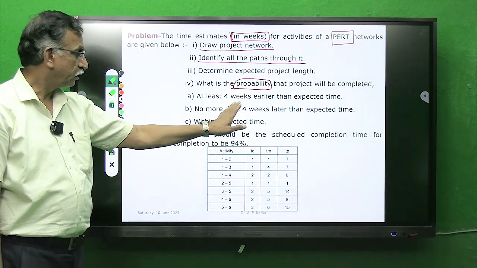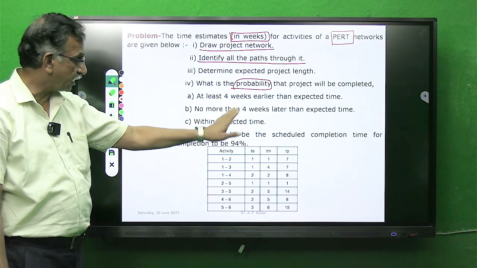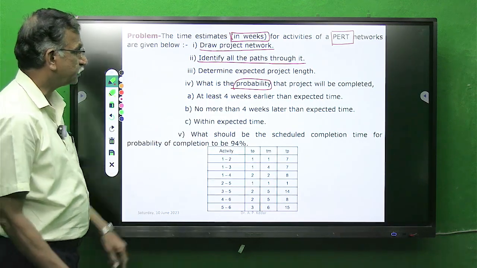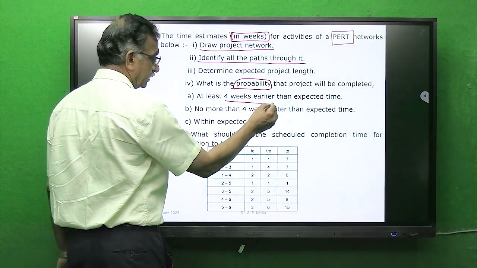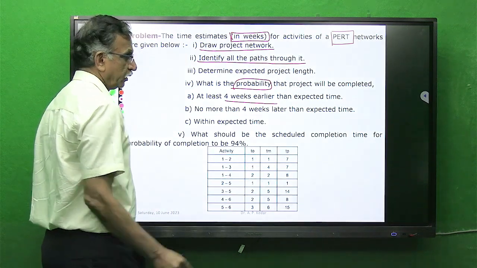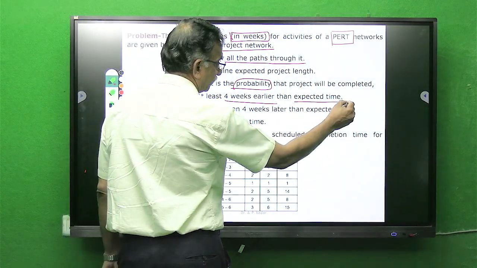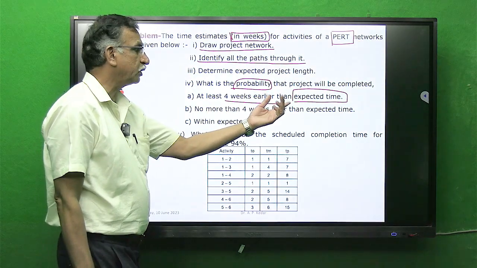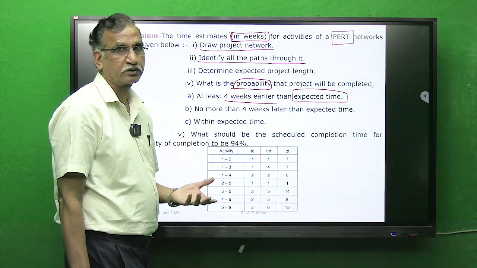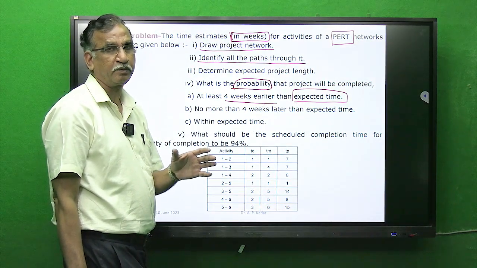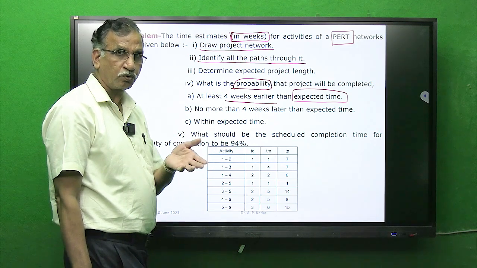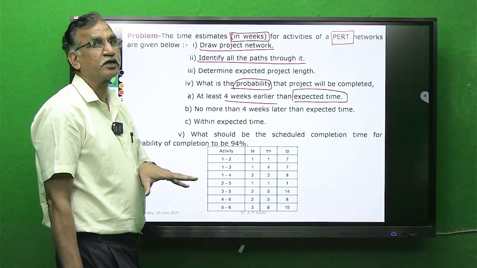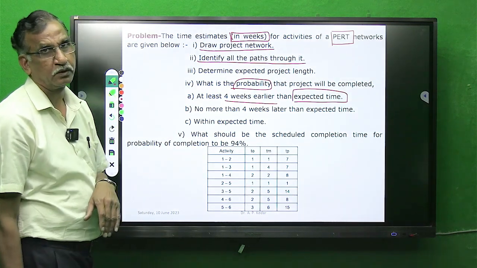Then probability of these conditions are asked, that is at least 4 weeks earlier than expected time. This expected time will be the project time. At least 4 weeks earlier means, suppose you are getting expected time as x weeks, so 4 weeks earlier means x minus 4.